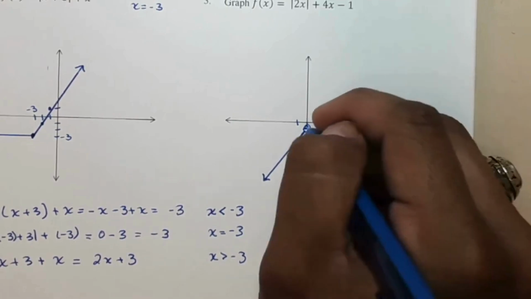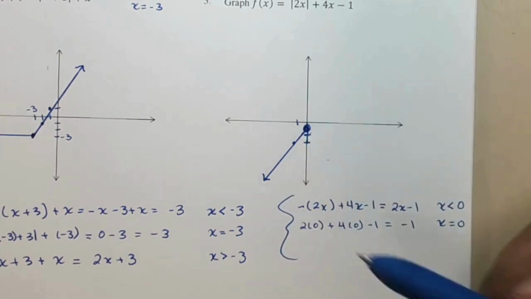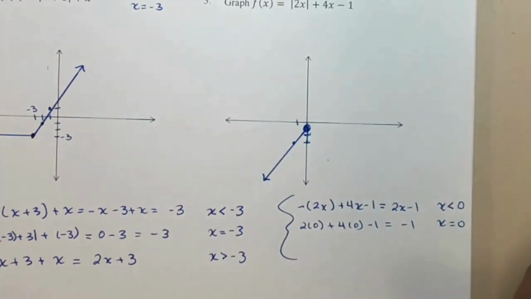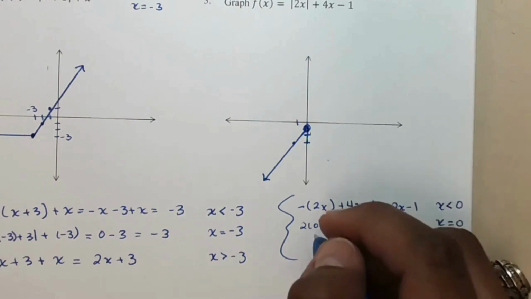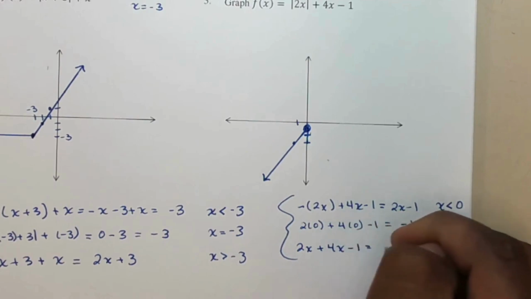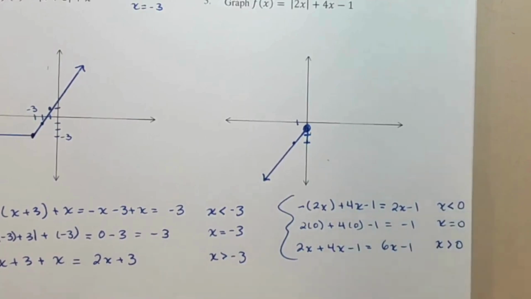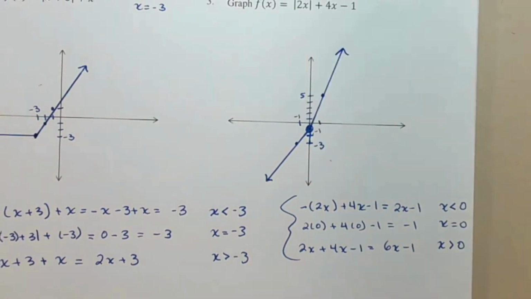So that means that x equals 0, we end up having a point at -1, which makes it full. So that's what I kind of talked about over here. And then when x is greater than 0, we end up just taking away the absolute value bars and simplifying the equation. And then we have that piece of the graph that starts at -1 and then has a slope of 6.